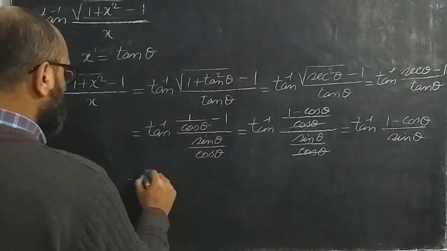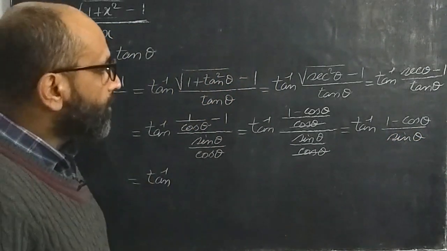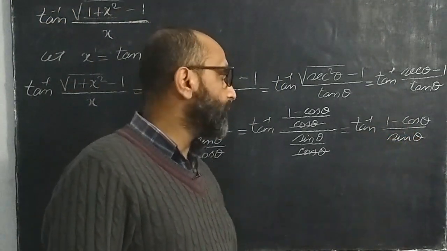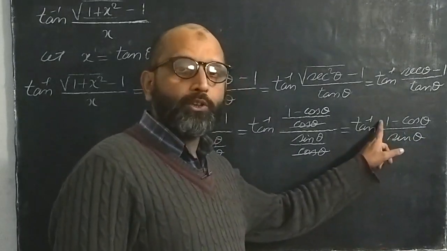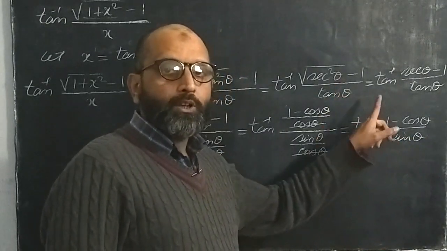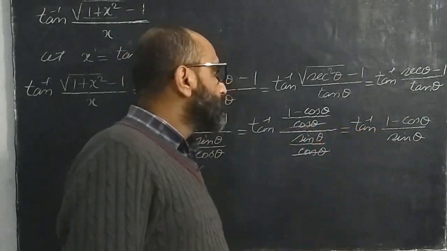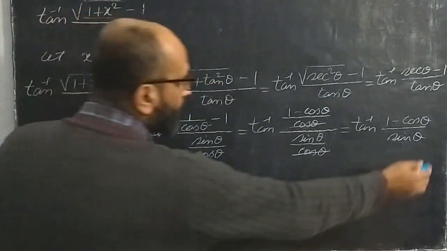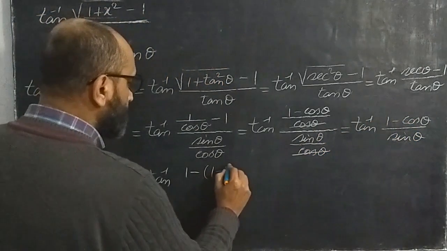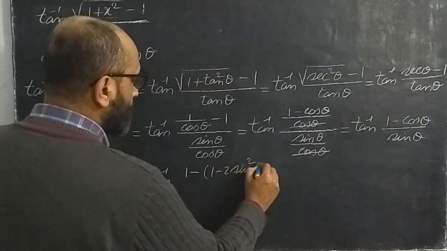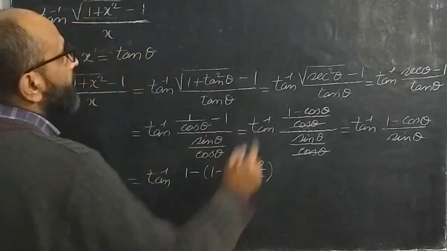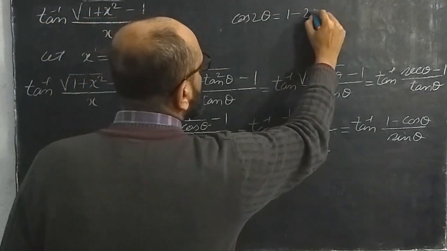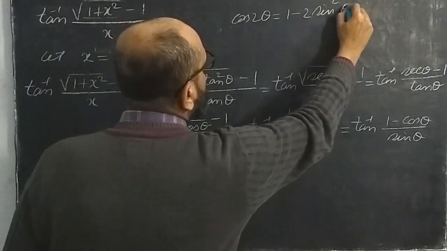Now tan inverse, always remember when we come across an expression like 1 plus cos theta or 1 minus cos theta anywhere during our calculations, we always try to eliminate 1 using any formula of cos 2 theta. So here we have to write for cos theta 1 minus 2 sine square theta upon 2, because by the formula of cos 2 theta we have 1 minus 2 sine square theta.